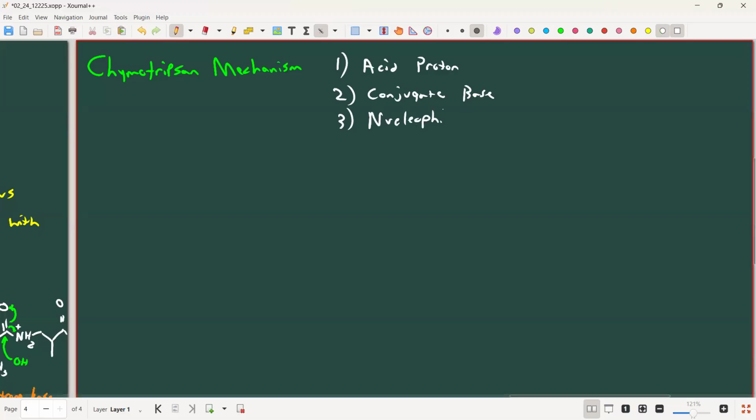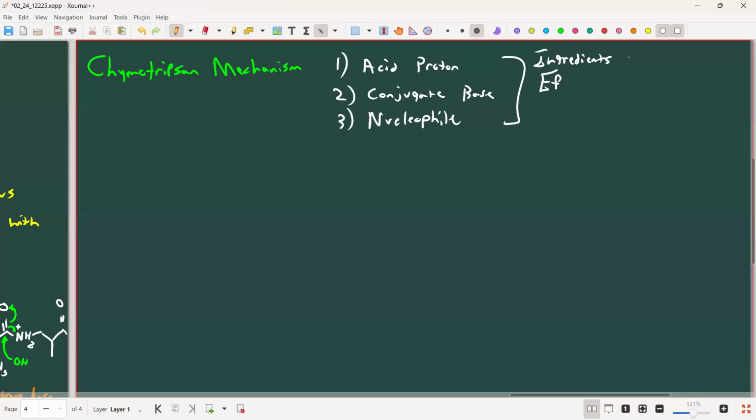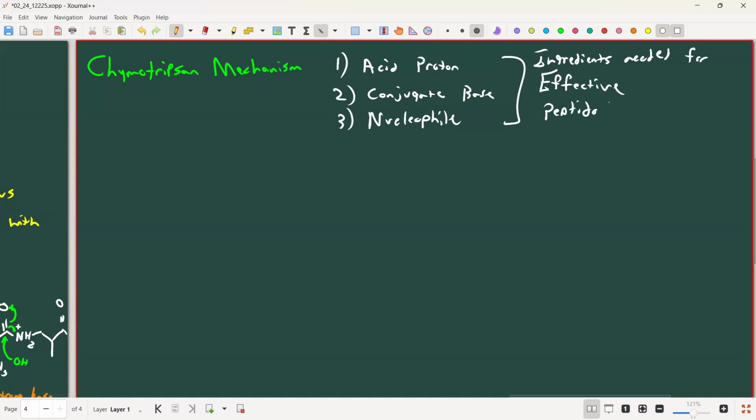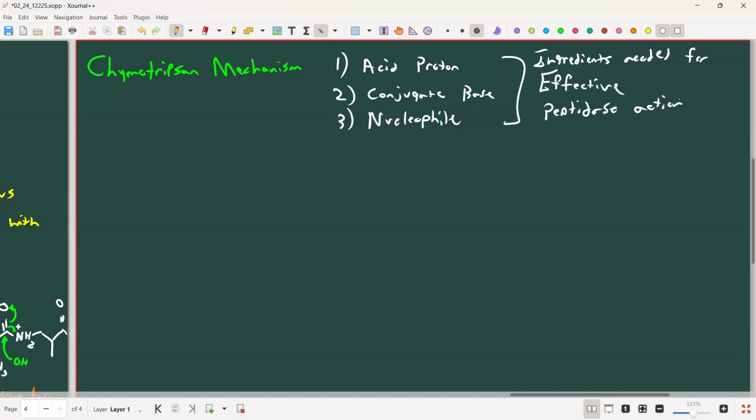Those are the three ingredients we need for effective cleaving, or peptidase action. Peptidase means cleaving peptides. So how does chymotrypsin facilitate all of those goals at once?